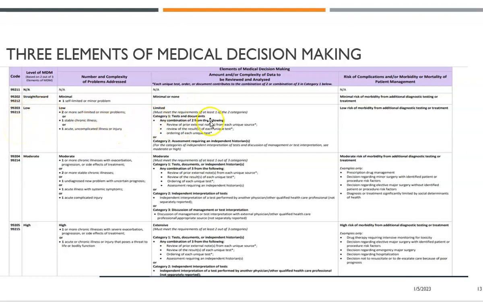So 2 out of 3 have to be met. So to assign a 204 or a 214, we have to have moderate number of complexity and moderate decision making for the amount of complexity of data to be reviewed, or moderate complexity of problems addressed, moderate amount and complexity of data to be reviewed.